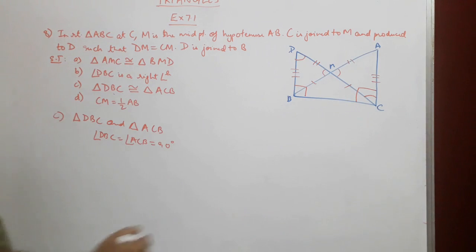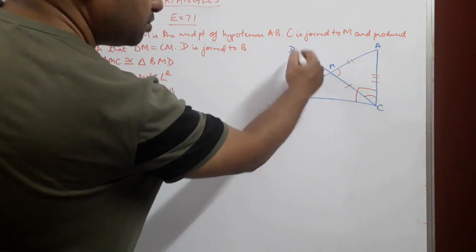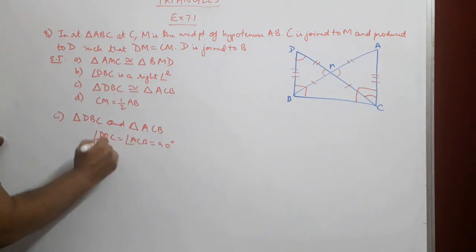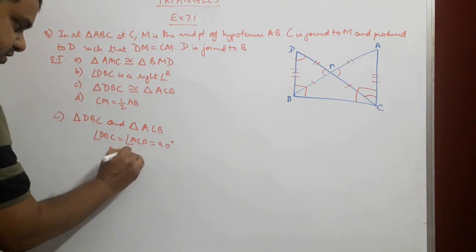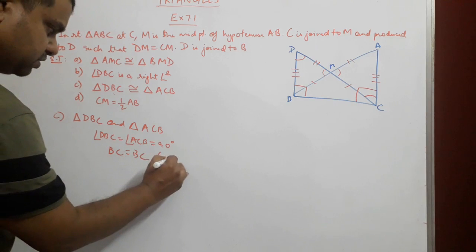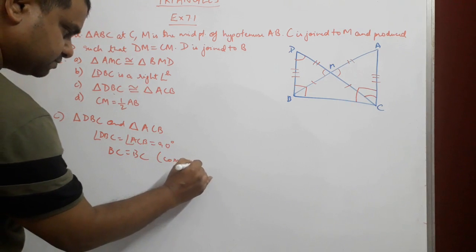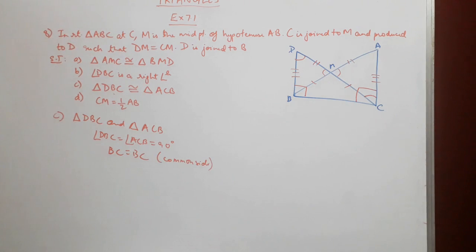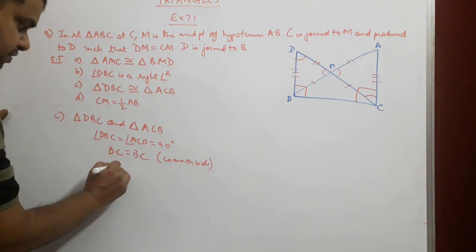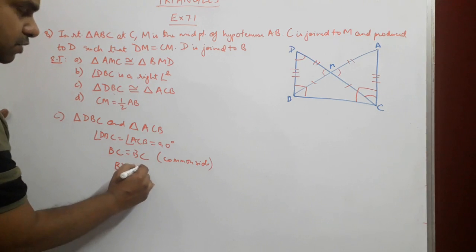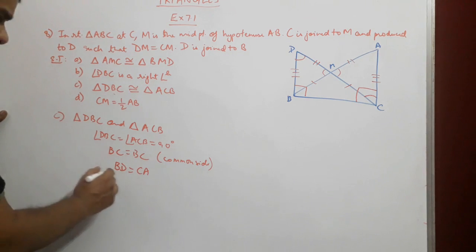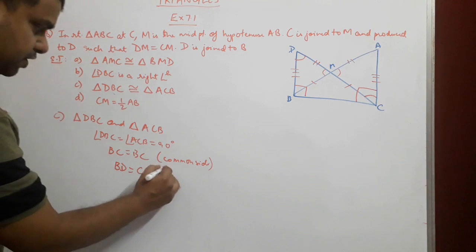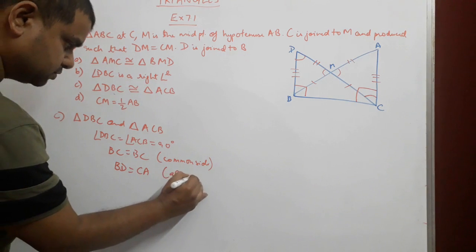What else? We can see that BC is a common side to both these triangles. So we put over here BC is equal to BC, common side. Now we have also proved that BD is equal to CA, so we can write that over here. We have already proved that.